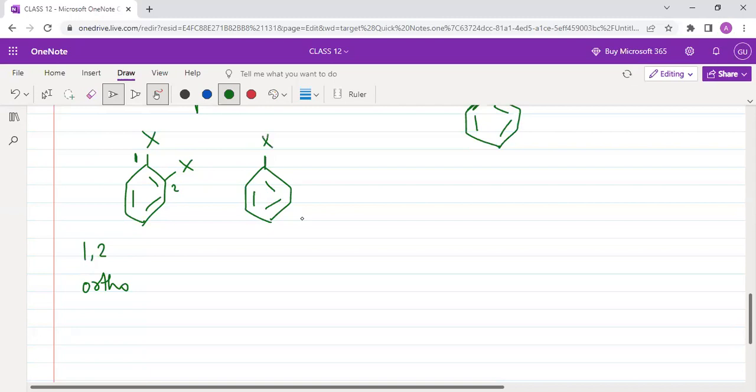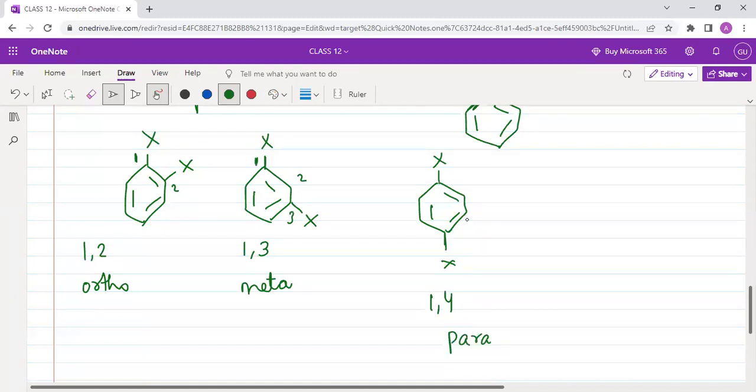If the 2 halogen atoms are present on the first and third position, they are called meta. And if they are present like this, they are called 1, 4 or para. So you should remember these forms.